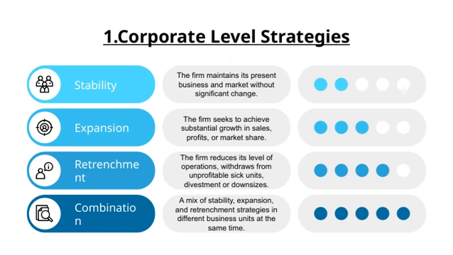This is all about seeking substantial growth, whether that's increasing sales, boosting profits, or capturing a larger market share. It's a proactive strategy aimed at growth and scaling the business. Understanding these strategies helps us see how companies adapt to changing circumstances and align their actions with overall goals.